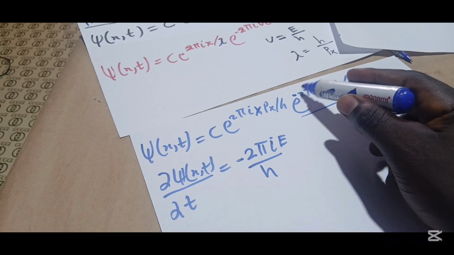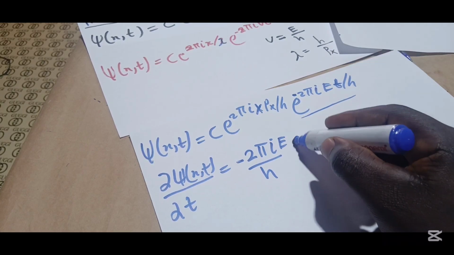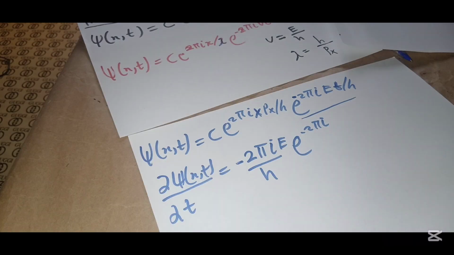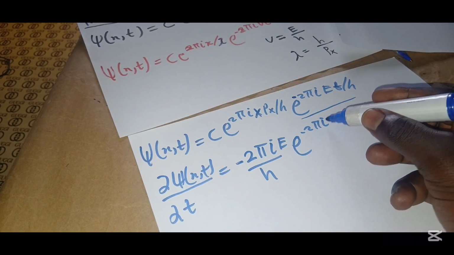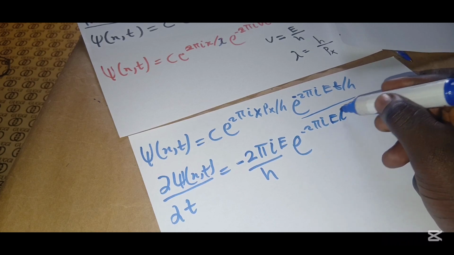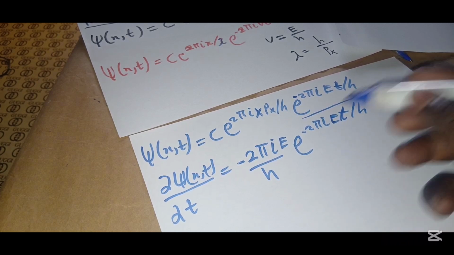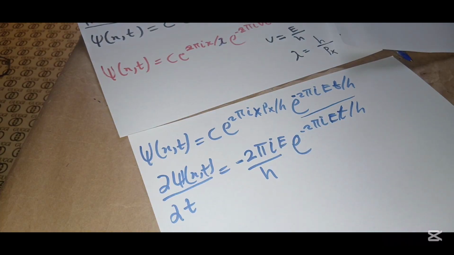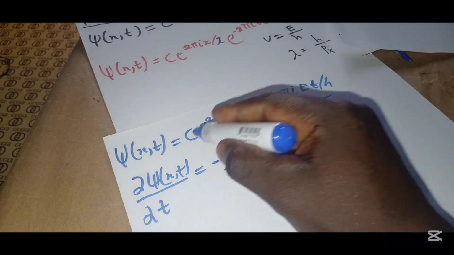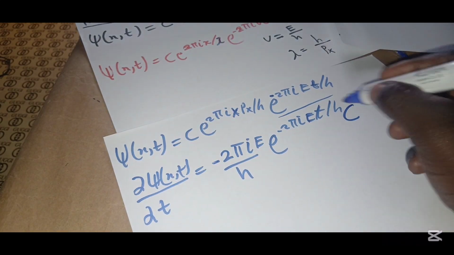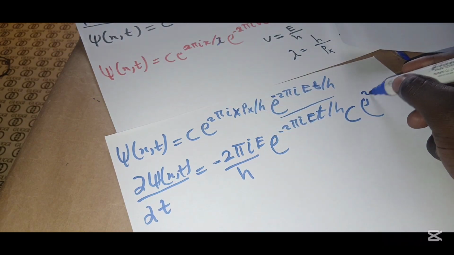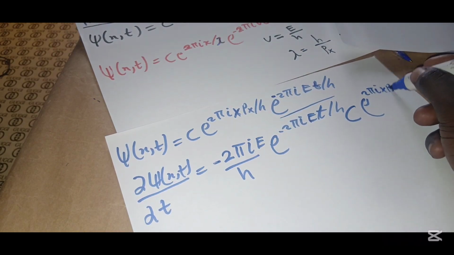Then we add the remaining term, which has no t in it. We just bring it there, and we don't have to forget our C. C comes there, and then e to the power 2 pi i x px over h.